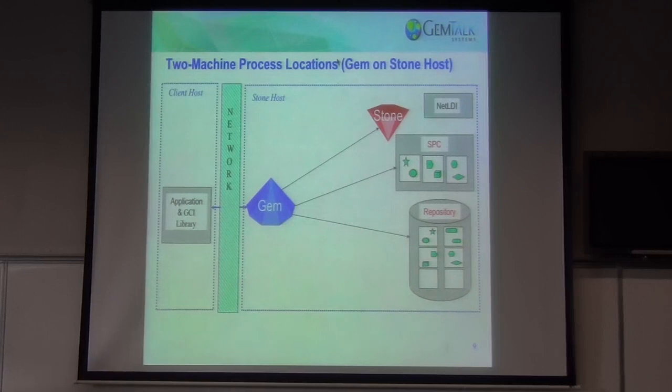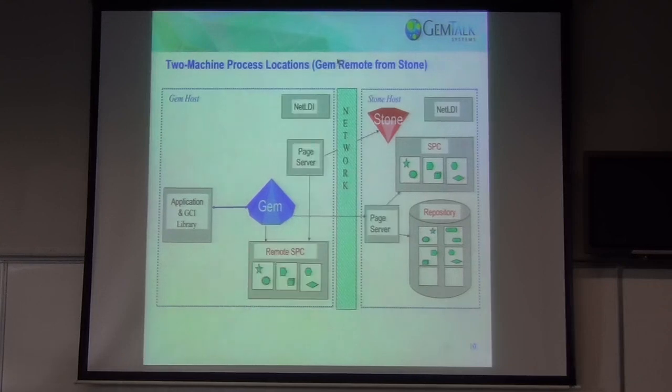You can separate them over a network so that your application can run and communicate over the network to the gem server. Or you can configure your application on the same machine as the gem and have a network over to the rest of the repository.